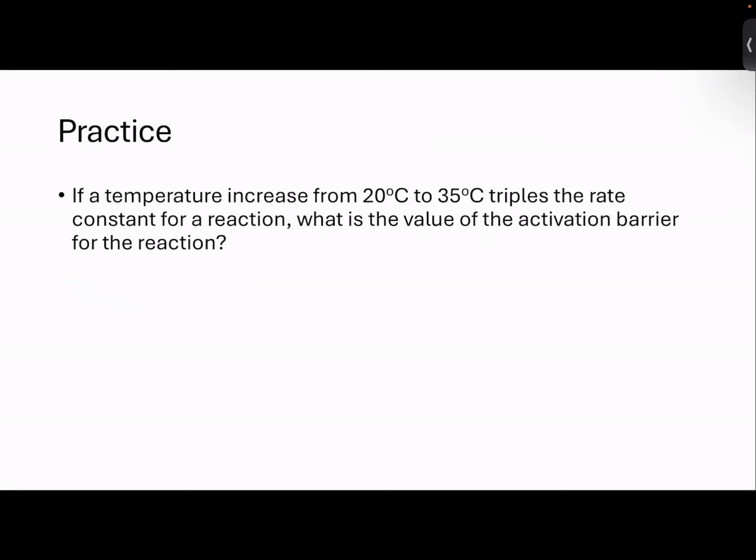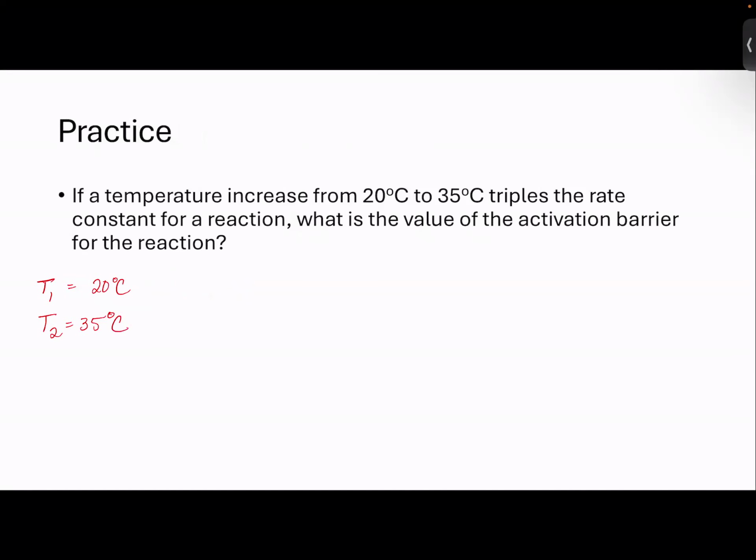So let's look at a question. If a temperature increases from 20 degrees to 35 degrees, so we have temperature 1 is equal to 20 degrees Celsius, and temperature 2 is equal to 35 degrees Celsius.